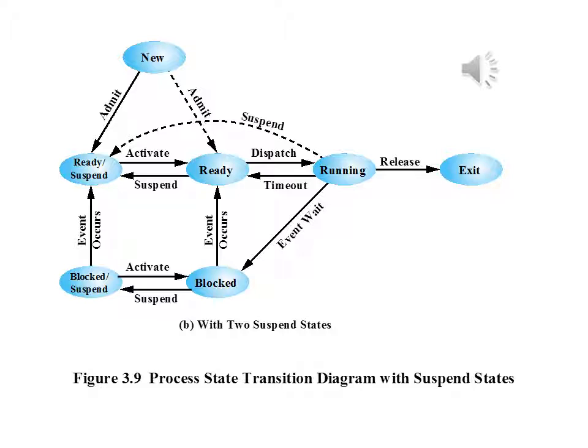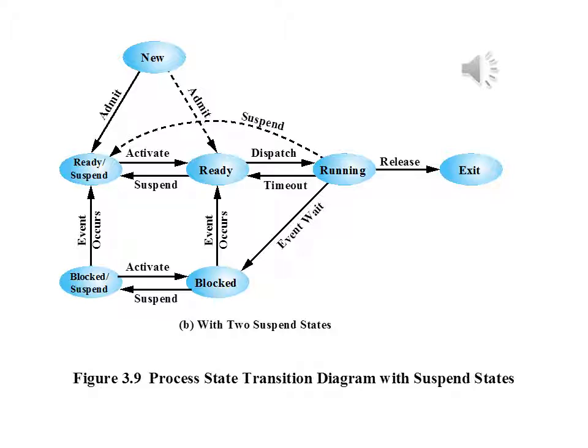After all, if a process is not ready to execute and is not already in main memory, what is the point of bringing it in? But consider the following scenario. A process terminates, freeing up some main memory.